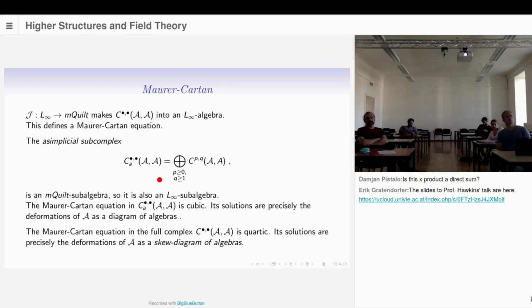It doesn't totally respect compositions, but its failure to respect compositions is controlled by this thing that depends on a chain of two morphisms. So if you have two morphisms, A does not respect the composition of those two, but its failure is given by conjugating by an element which is specified. So that's how these things fit together.